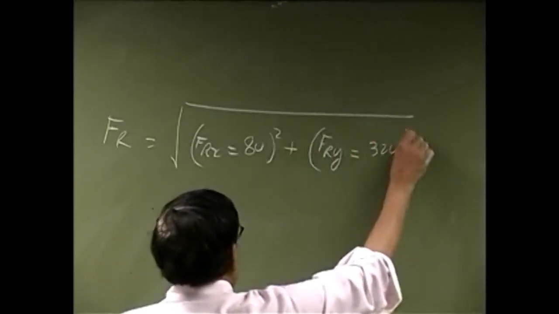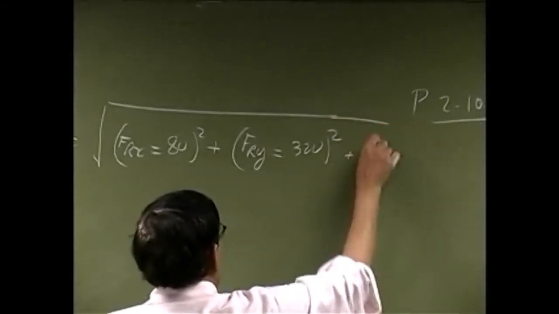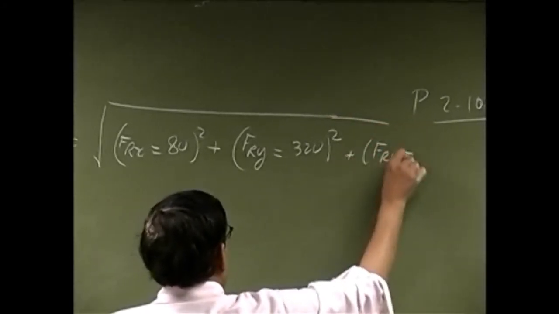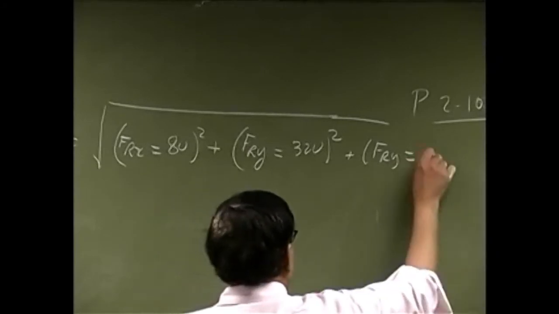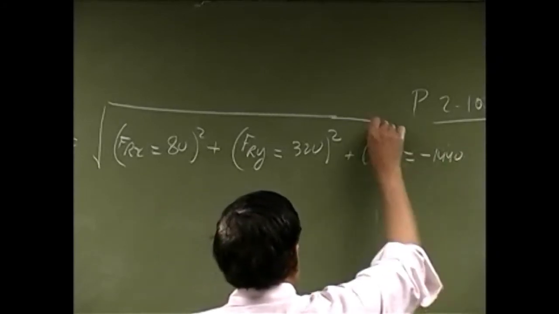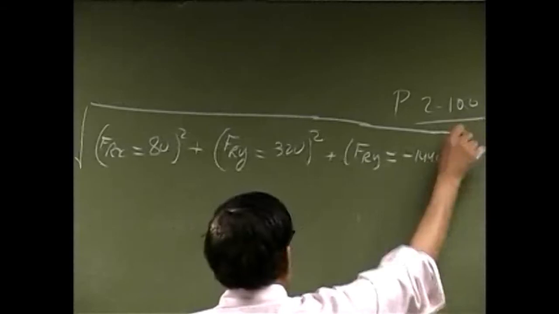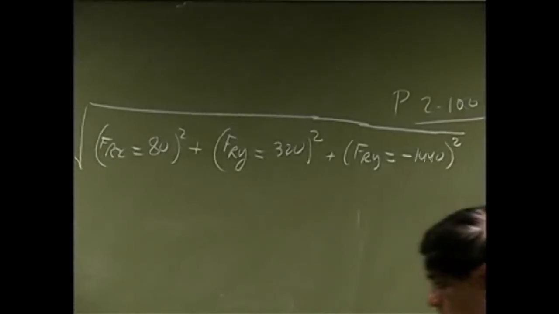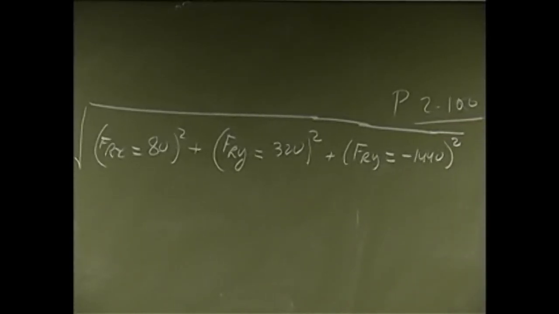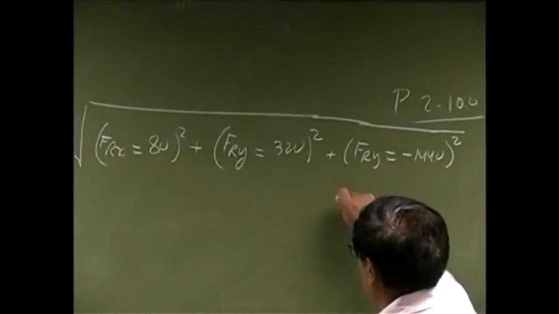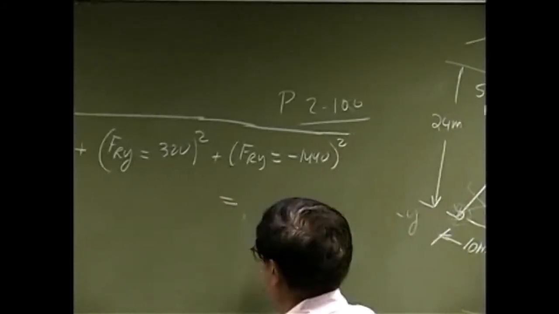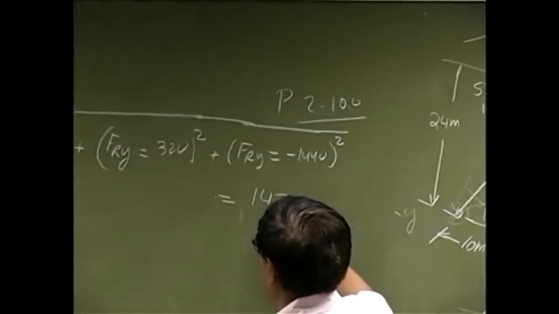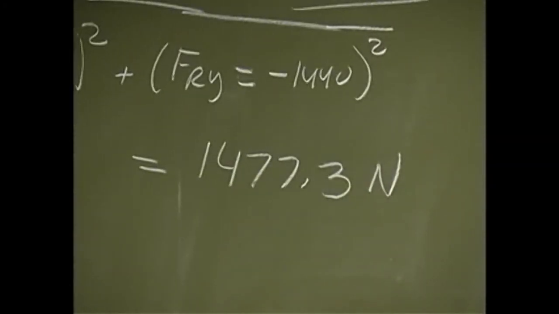We square that. Then you had Frz, and that was negative 1440. We do a square on that. And go through the actual calculations. This thing should be approximately equal to 1477.3 Newton. So that gives you the magnitude for the resultant force.